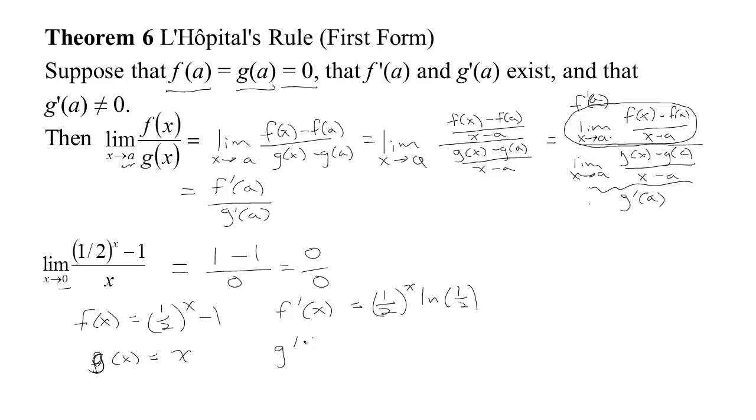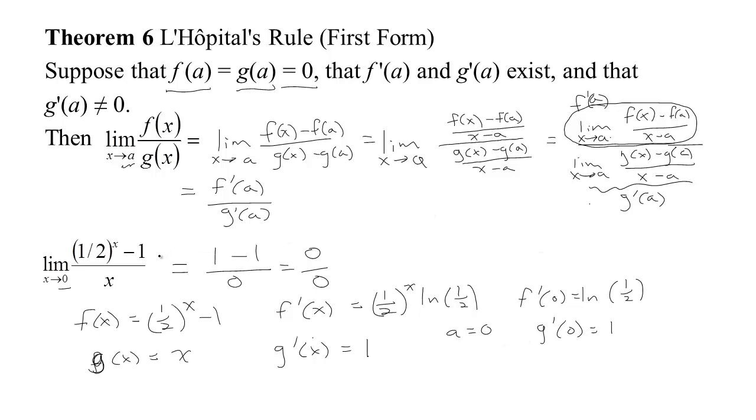Down below, the derivative of g is 1, because the derivative of x with respect to x is 1. The value of a, in this case, is 0, because x is approaching 0. So f prime at 0 is (1/2)^0, that's 1, times the natural log of 1/2. And g prime is always 1, so g prime at 0 has to be 1.